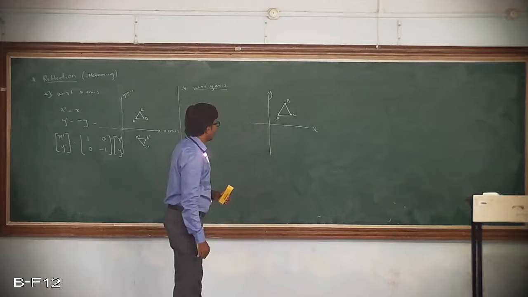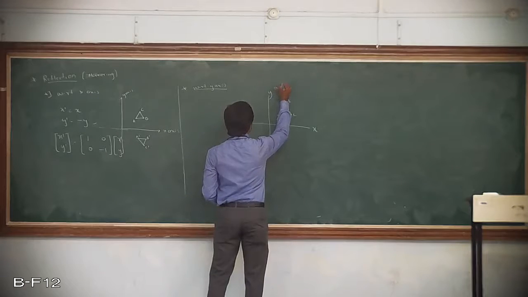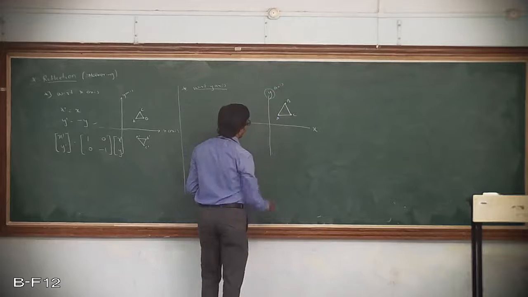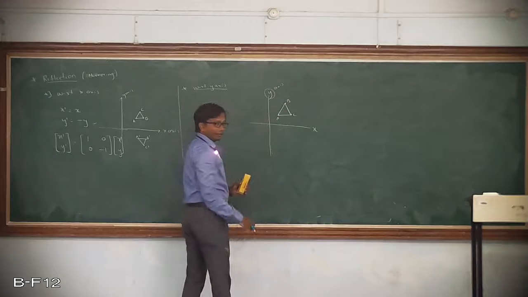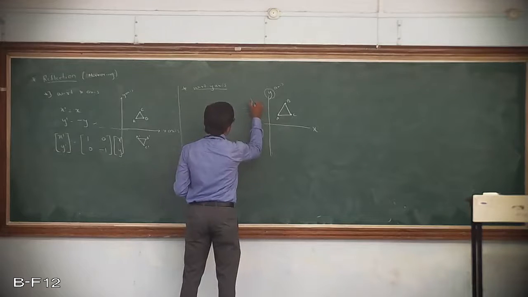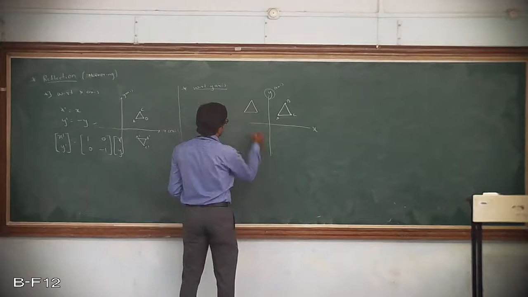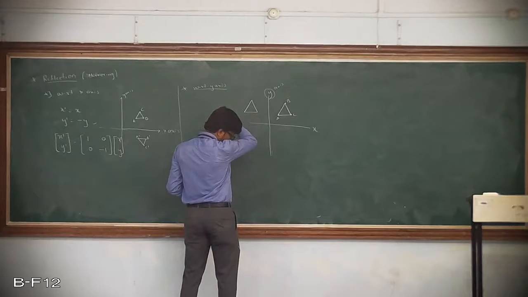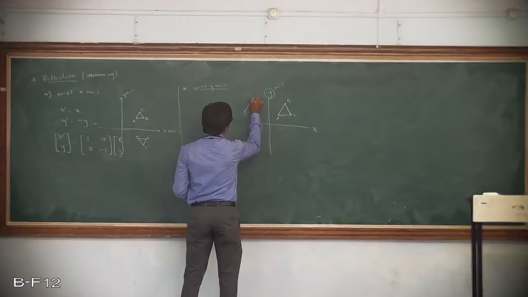Take this point. If I want to do the reflection about the y axis, I'll select the reference point. So what will be the reflection? It will be somewhat like this, where it is happening here, CAB.